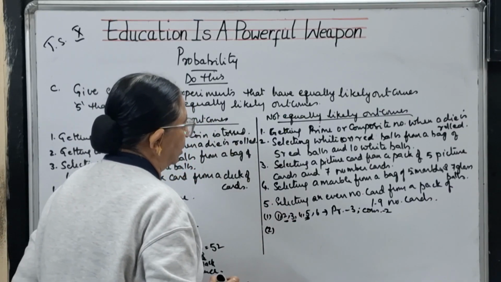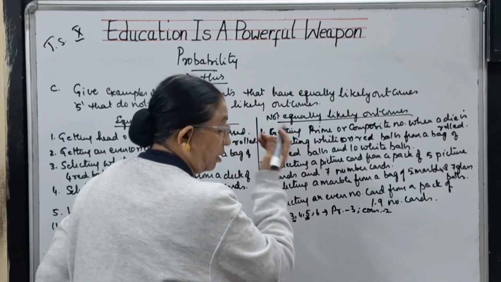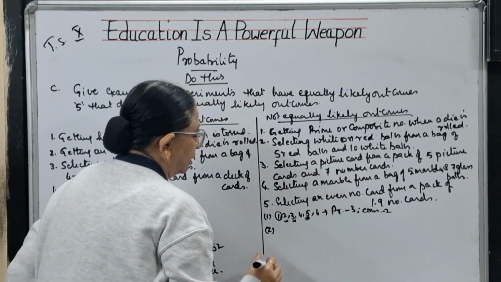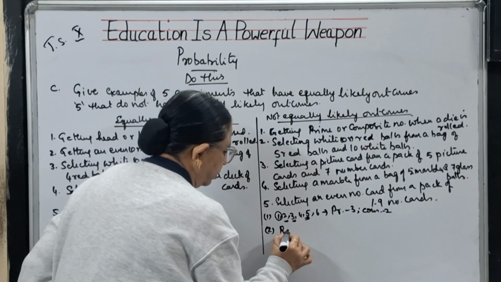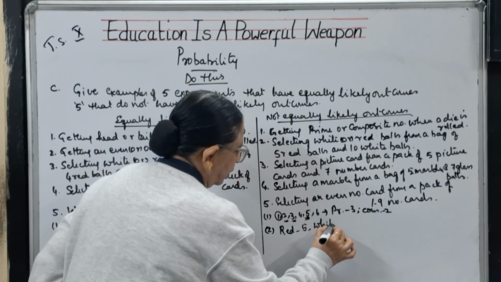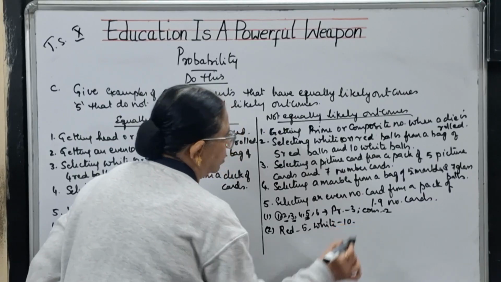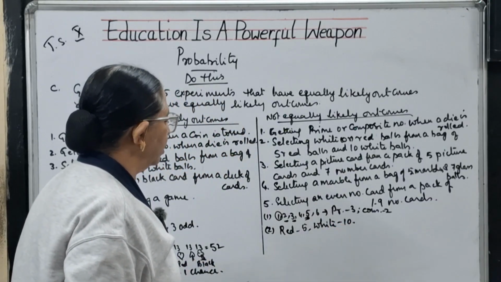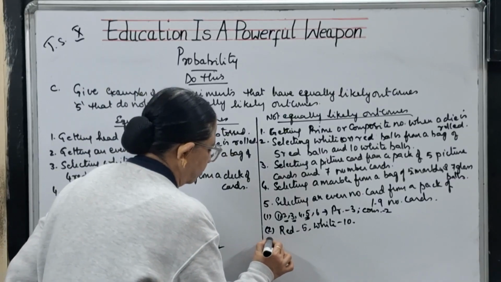Then the second one is selecting a white or red ball from a bag of 5 red balls and 10 white balls. So red balls are 5 and white balls are 10. These two are not equal in number, so they are not equally likely outcomes.